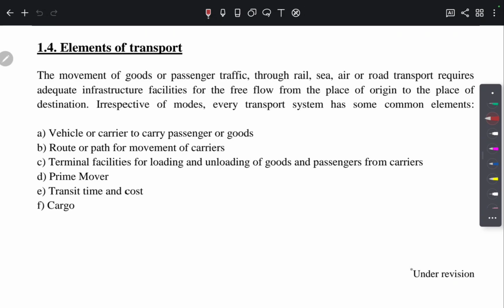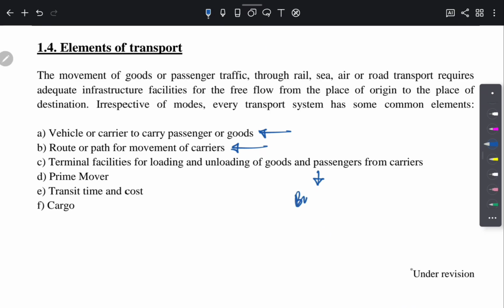Now, all the three modes of transport have some common elements, which are essential to transport goods, people and services from one place to another, or from our origin to our destination. So these elements include a vehicle. All the three modes of transport require a vehicle which carries the passengers or goods, and there will be a particular route on which these vehicles will move.